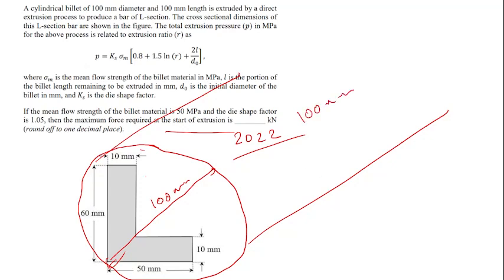You have to make an L shape from this billet by extrusion. The dimensions of the cross-section are given, which is how you have to extrude it. Then the total extrusion pressure is also given by this formula. Then they are asking what the force will be. One thing we know is the pressure.